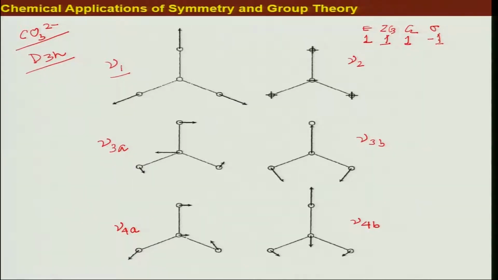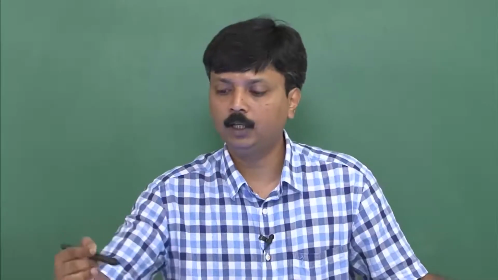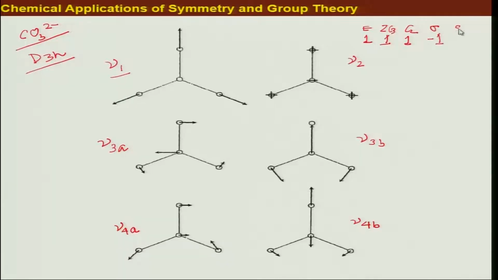And then we have S3. S3 is the effect of C3, which doesn't do anything, but then there is a perpendicular sigma plane. That is going to invert everything. So again S3 is going to give me -1, and then we are left with sigma v.